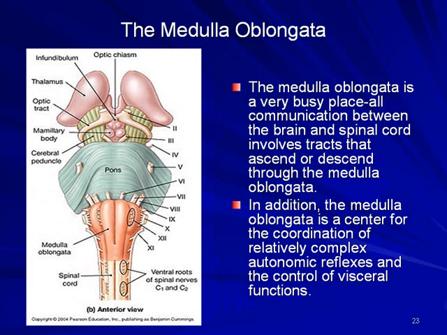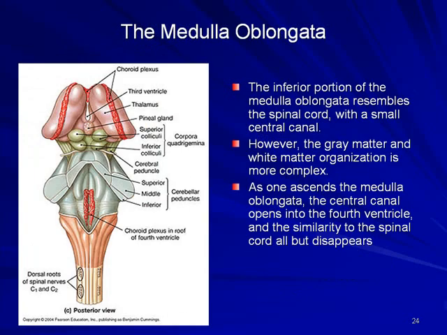It involves tracts that ascend and descend, taking information to peripheral structures and receiving information back from those same structures. Again, you can see the arrangement of the cranial nerves as they come off there. Another view looks at the inferior portion of the medulla oblongata as it resembles the spinal cord.